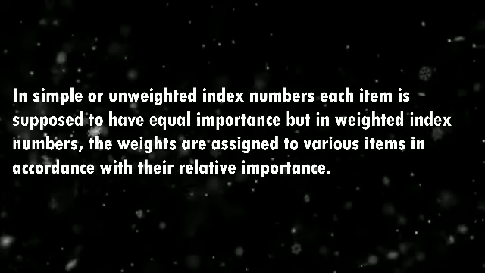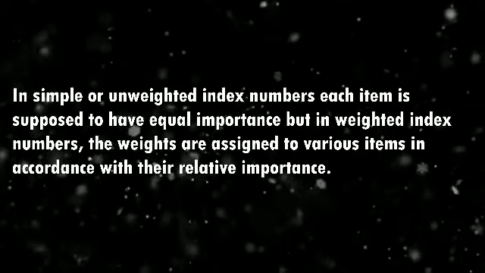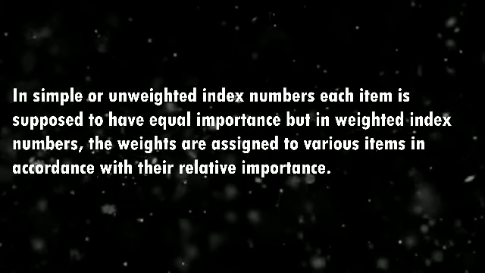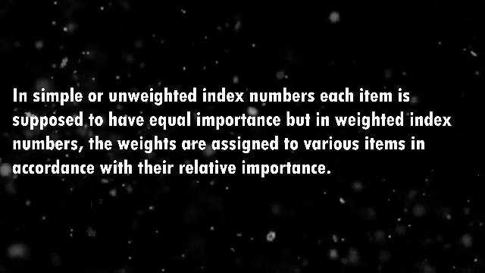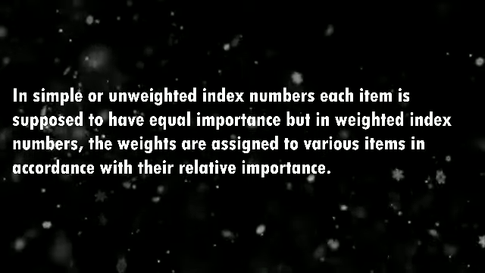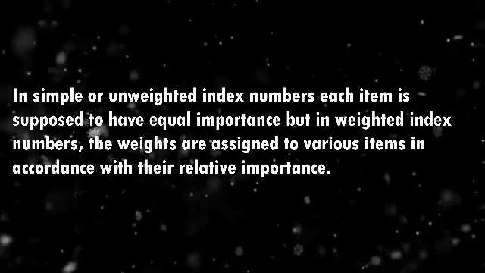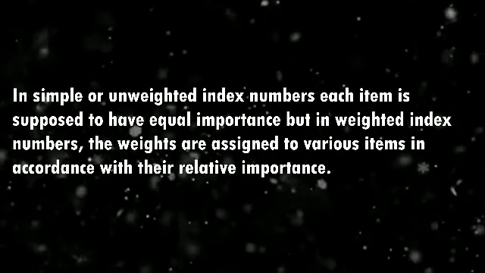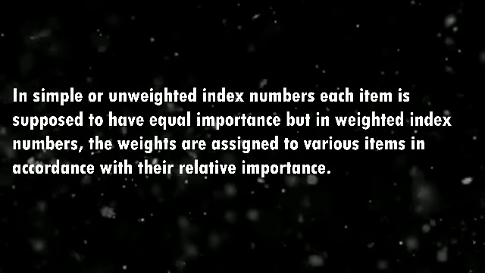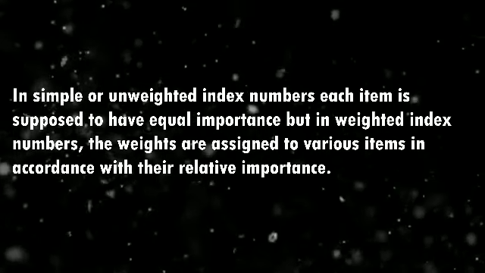So unweighted index number means equal importance is given to all the items taken into consideration. But for weighted index number, the weights are assigned based on their relative importance. If the item is of more use, more weightage will be given to that item. If the item is of less use, least importance will be given to that item.